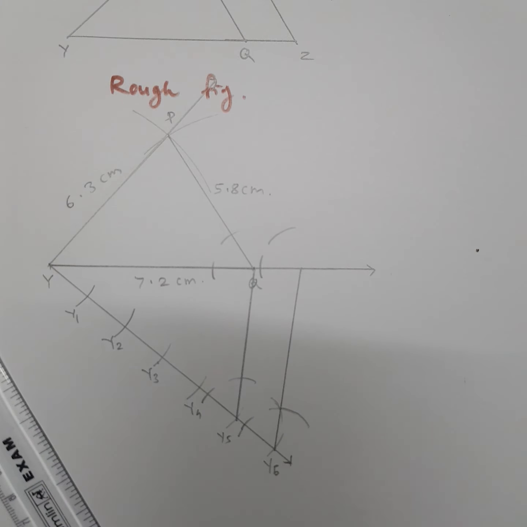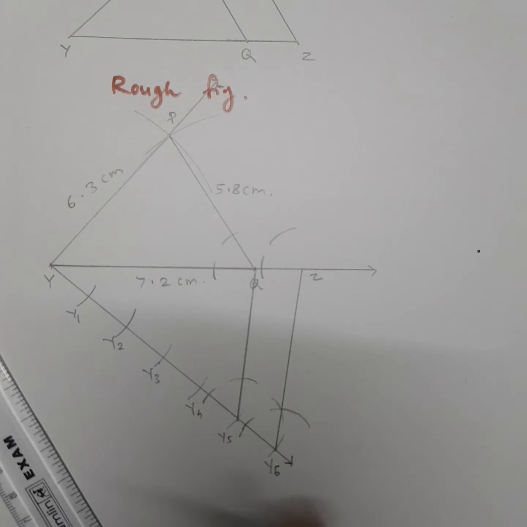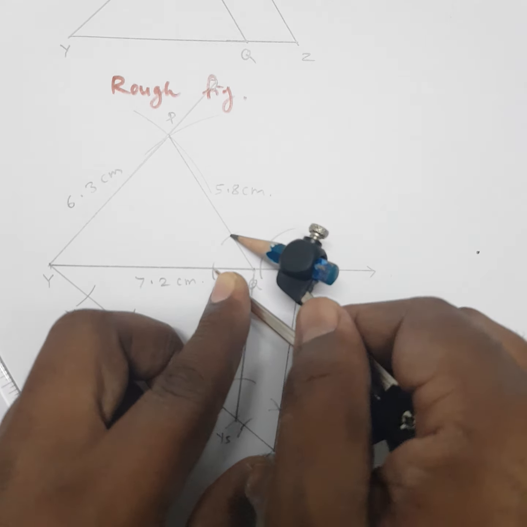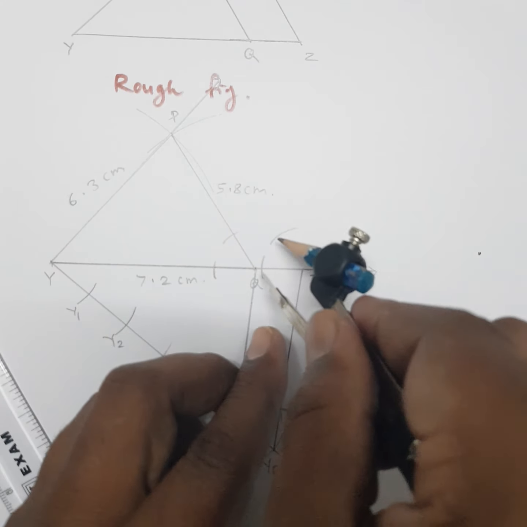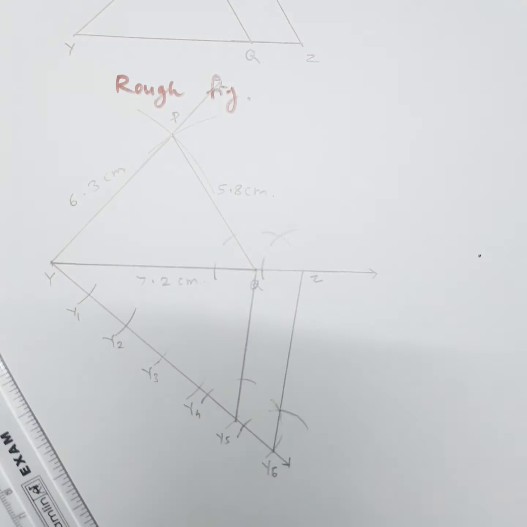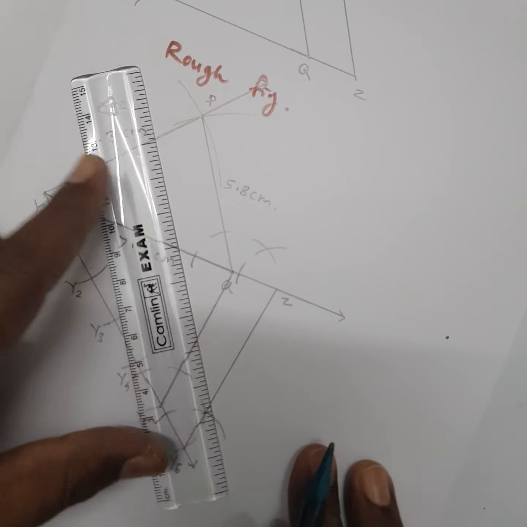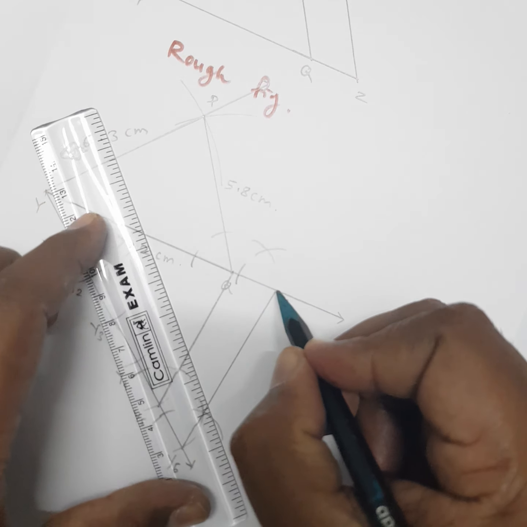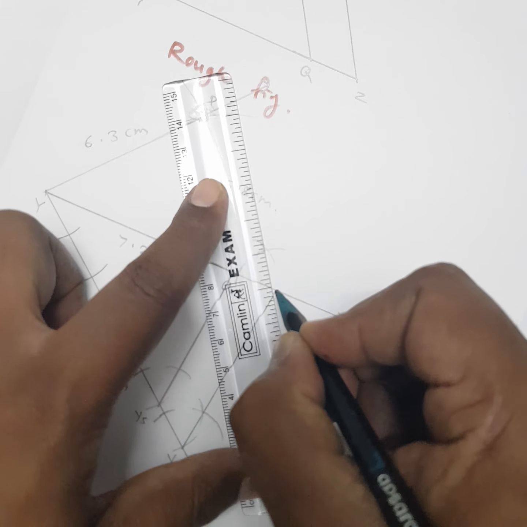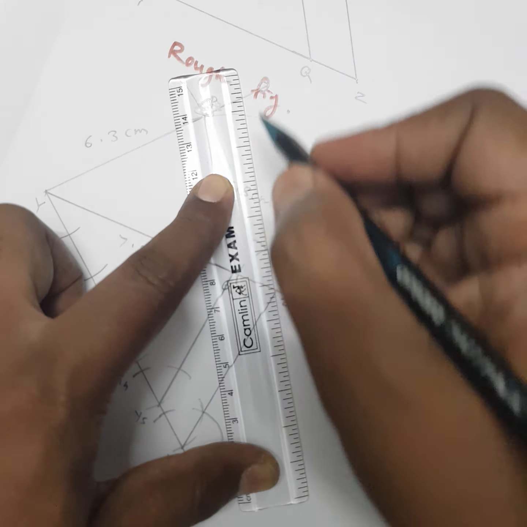This will be point Z. Now the distance between two arcs, it will be the corresponding side XY, XZ.